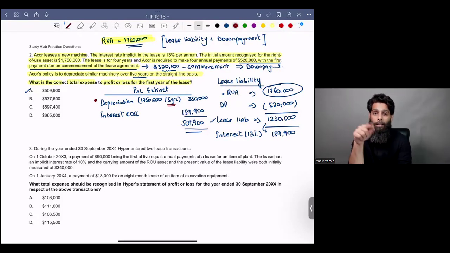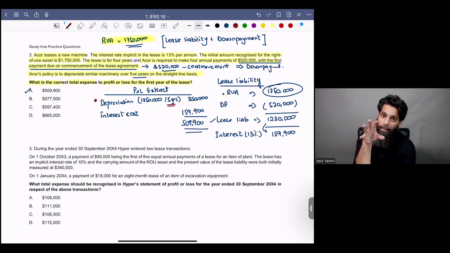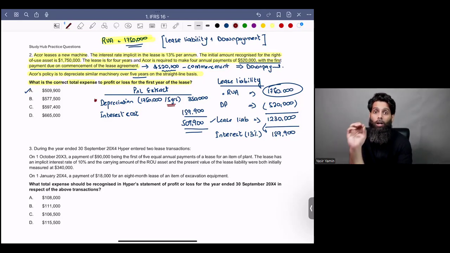And the other rule was, if the asset is not expected to be transferred. How do you know if the asset is expected to be transferred or not? If the lease contains a bargain purchase option. And if the asset is not expected to be transferred at the end of the lease term, you always use lower of.